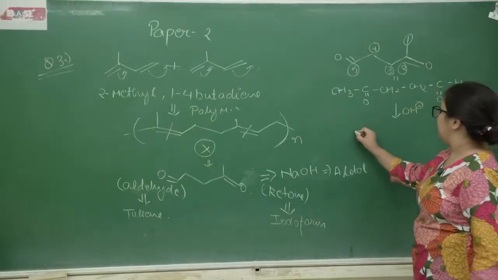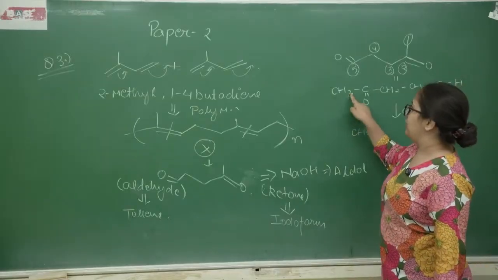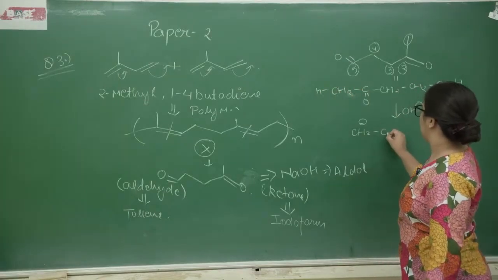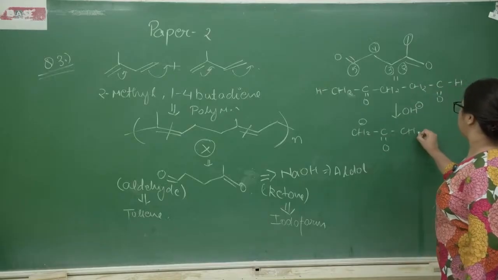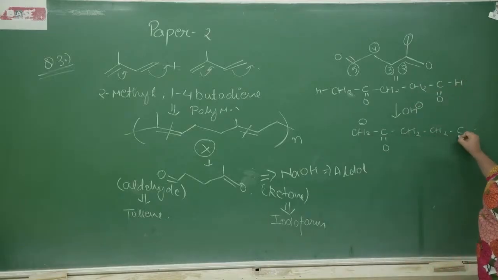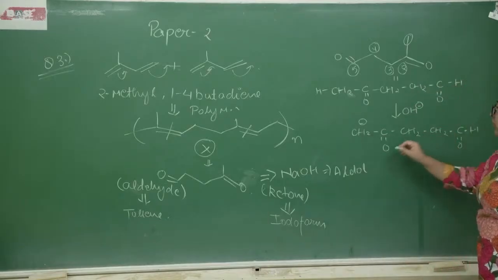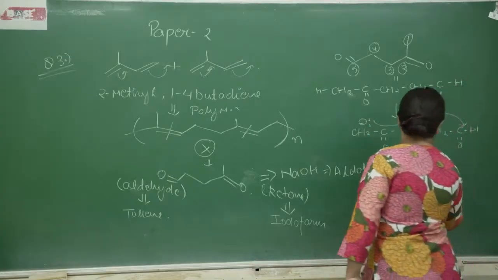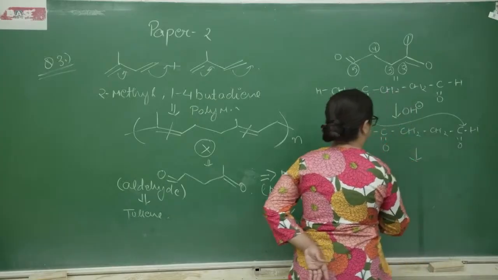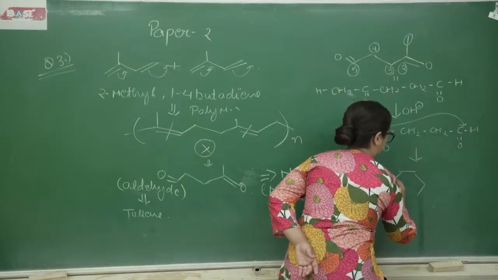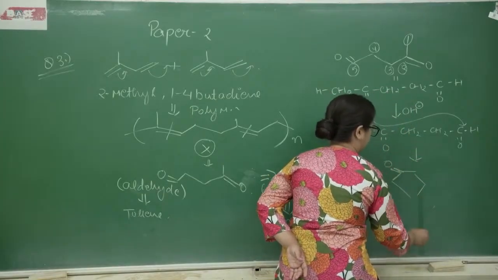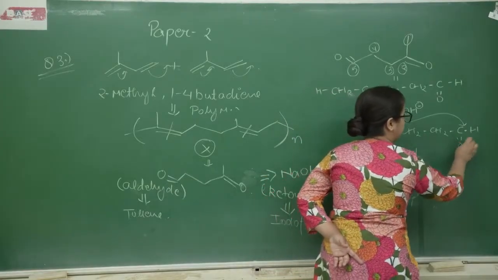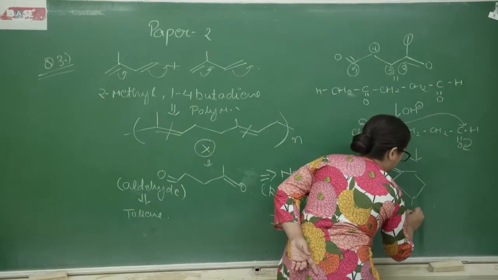What will we get? We will get CH2. This hydrogen from here will be removed. We will get CH2 minus, CO, CH2, CH2, CHO. Now this will undergo cyclization. This carbanion will attack the carbonyl carbon. We will get a 5-member ring. Here we have our carbonyl carbon, and this pi bond will shift here, so we will get O minus.